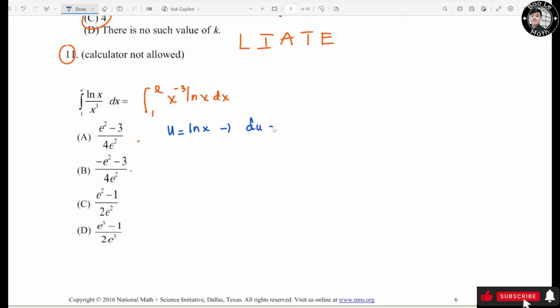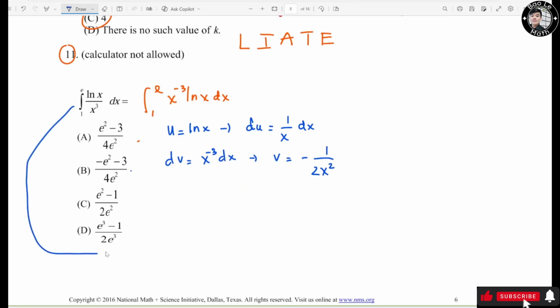Then du equals 1 over s ds, right? dv equals s to the negative 3 ds, right? Then v equals negative 1 over 2s squared, right? So this guy right here becomes u times v, it's going to be this guy times this guy, right?